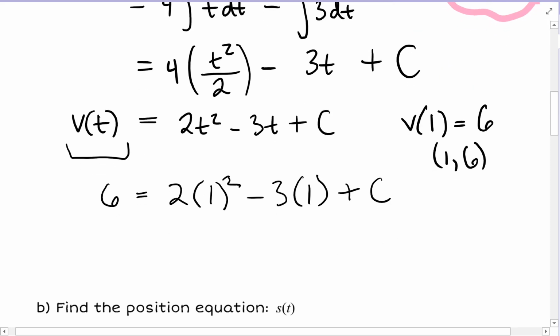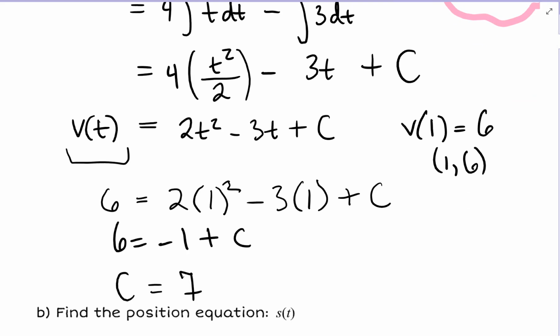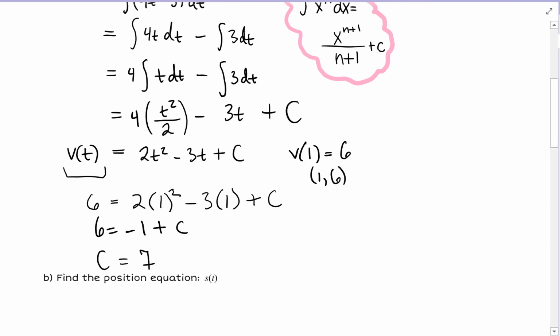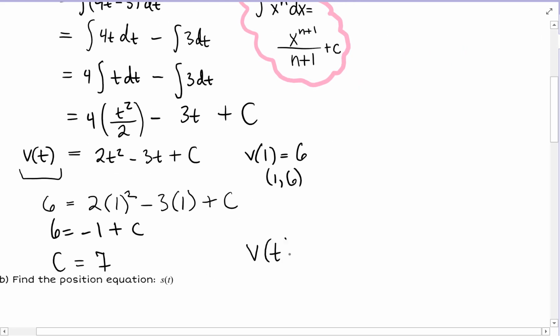Use this to solve for c. I ended up getting c is equal to 7. So my velocity function is 2t squared minus 3t, and it's not plus c because I have a value for c now. It is plus 7.